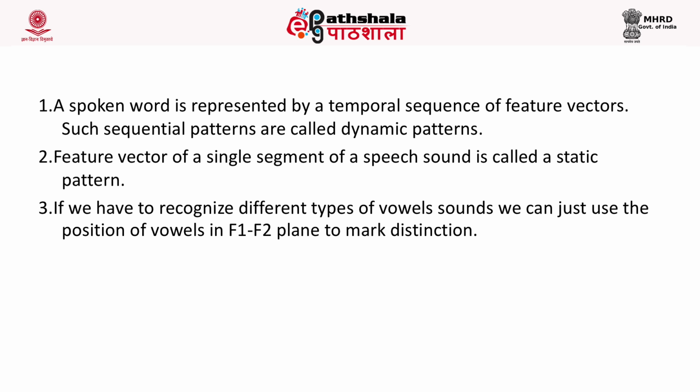Linear warping fails in many cases due to varying speaking rate within a word. For example, a speaker might have stressed a syllable, resulting in a relatively longer duration of that syllable. So, in that case, we need a mechanism called non-linear warping of a reference sequence with the test sequence.